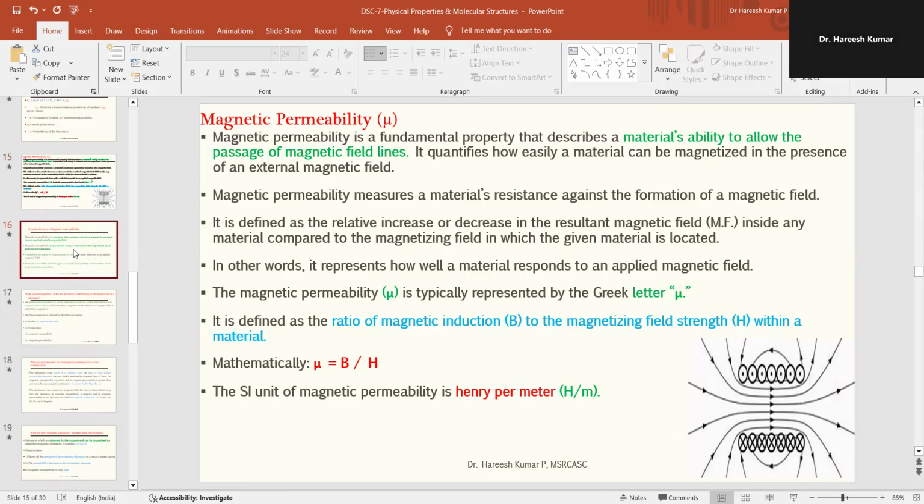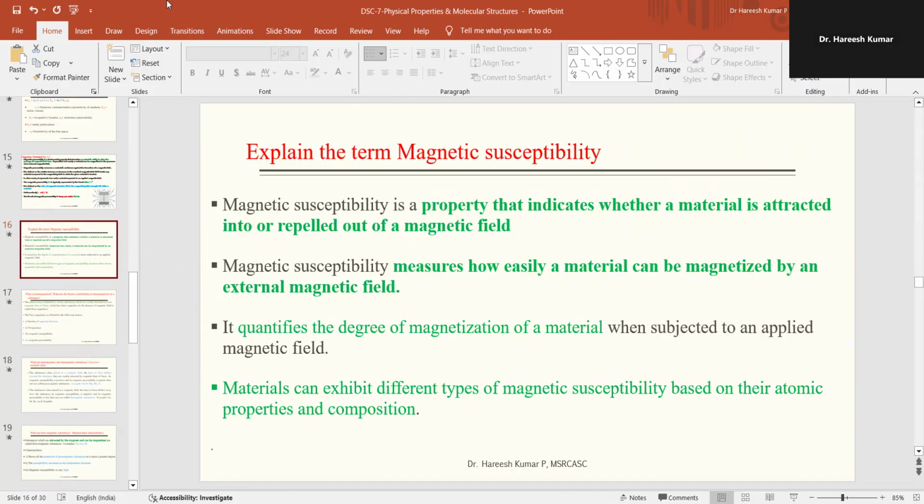Right. I will take one more question. Explain the term magnetic susceptibility. Magnetic susceptibility is the property that indicates whether a material is attracted into or repelled out of the magnetic field.